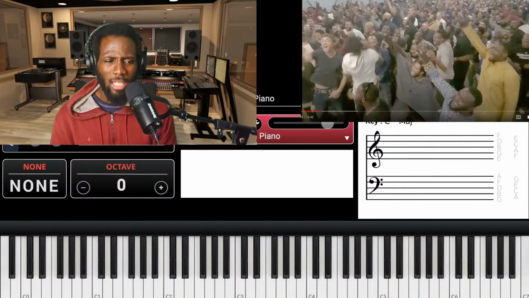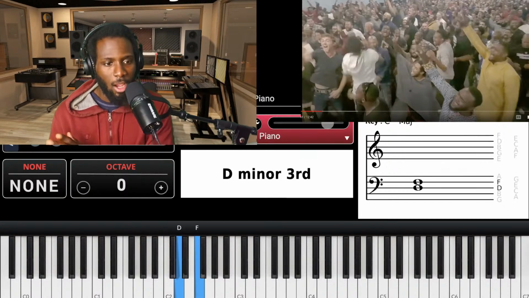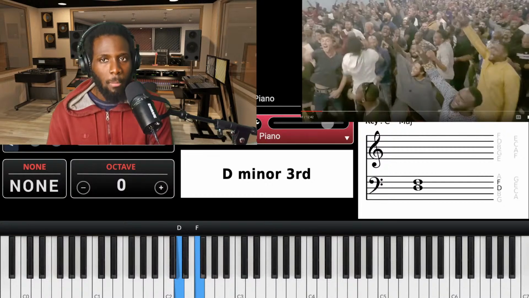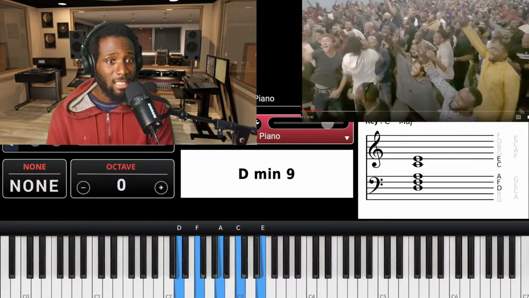In actuality, they're really the same chord. It's just that I eliminated the D and the F on the root. But if you think about it, D minor 9 contains the A minor triad in it, right?